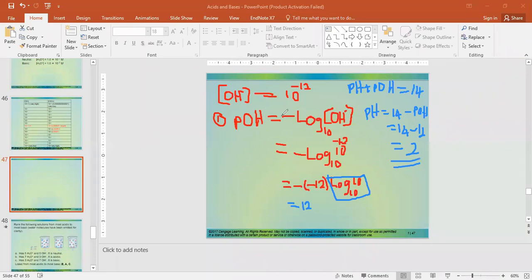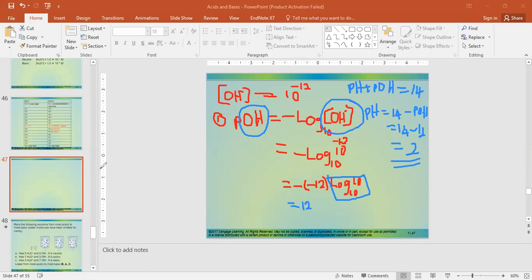We said that pH is the negative logarithm of the concentration, and here also I'm seeing that pOH is the negative logarithm. So they are the same in actual. What you put here is what comes here.